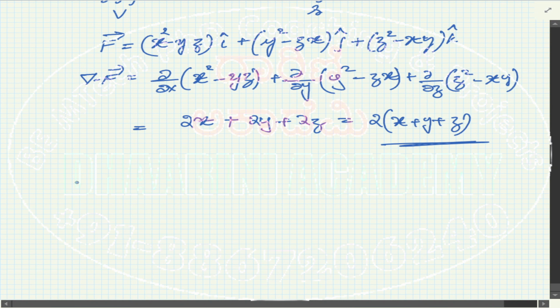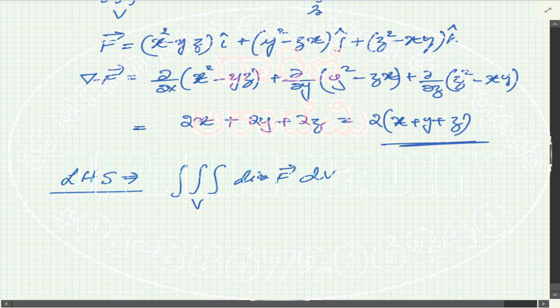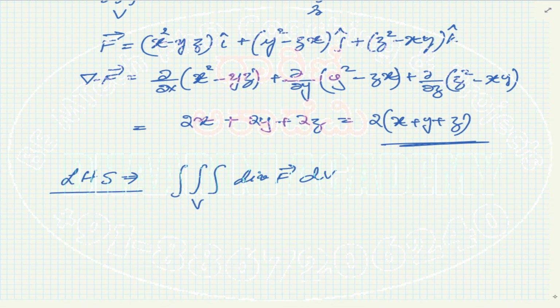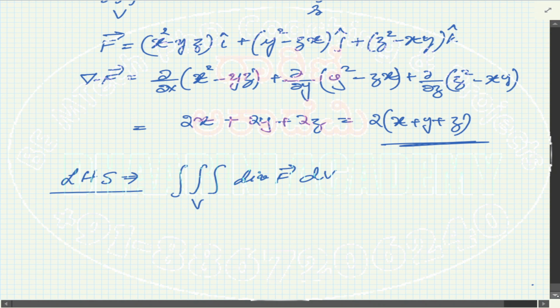So we'll start with the left hand side of the Gauss divergence equation, that is the triple integral over V of the divergence of f vector into dV. So we know the complete limits of x, y as well as z for this given function.